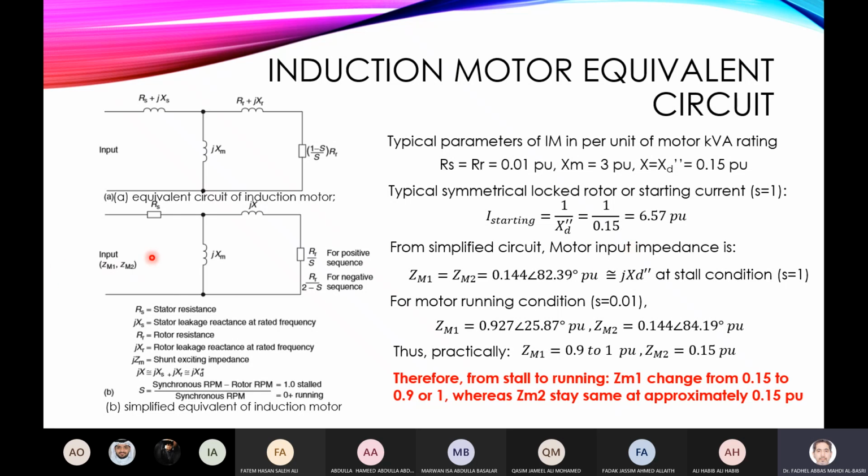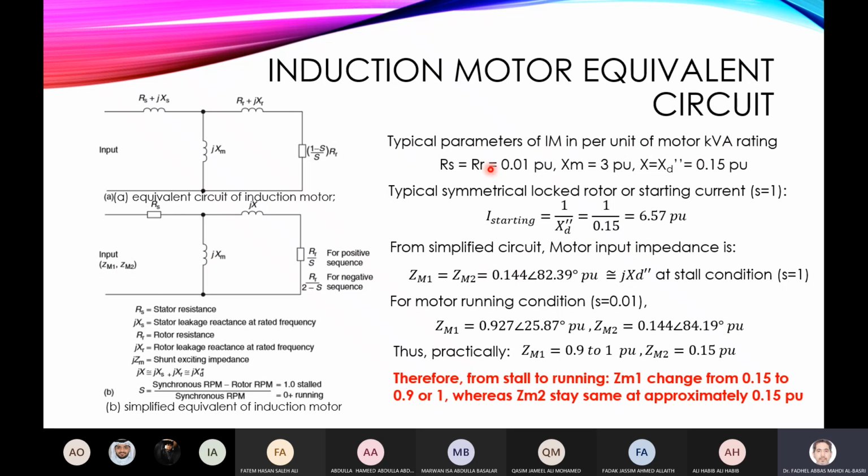Also, what is its input impedance when the motor reaches its rated speed?